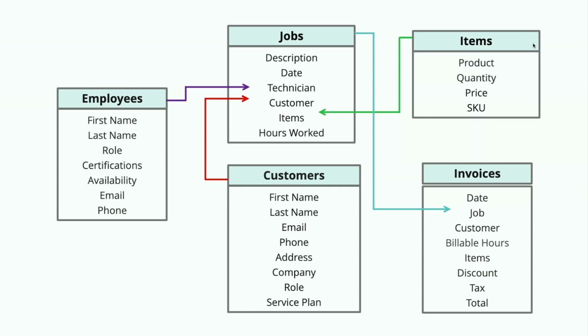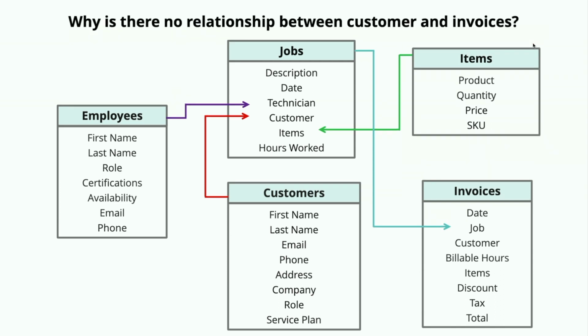This is basically the relationships that you would need in this application, right? Customer is going to the jobs, employees is going to the jobs, items is going to the jobs, and jobs is going to the job on the invoice, right? So my question now, why is there no relationship between customers and invoices?